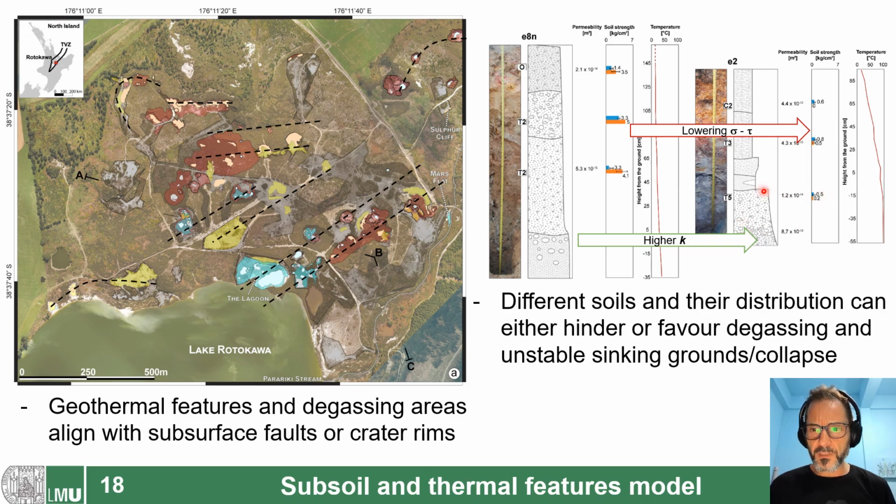The other effect of alteration is also, again, we can see from these two soil profiles, that alteration can strongly decrease the compressive and shear strength of the rocks, and again favor the formation of unstable and sinking grounds, which are actually the most dominant feature all around the steam field area and outside.